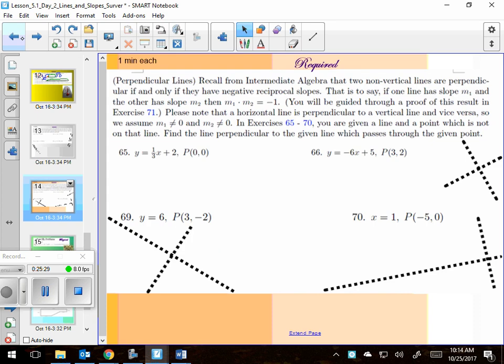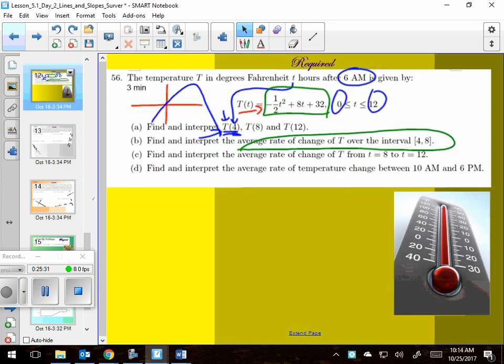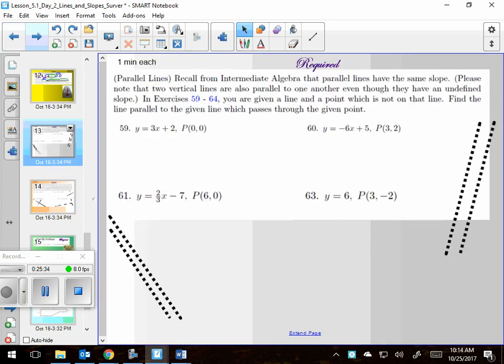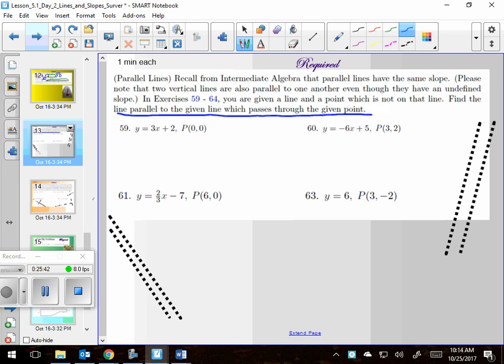So we're going to go back to, all right, I'd like you to do, and this is find the line parallel to this line which passes through the given point. All right, so it's got to go through this point and be parallel to that. It's pretty easy. Let's just do one of these. Let's do 61. Just that one. Skip all the others on that page.